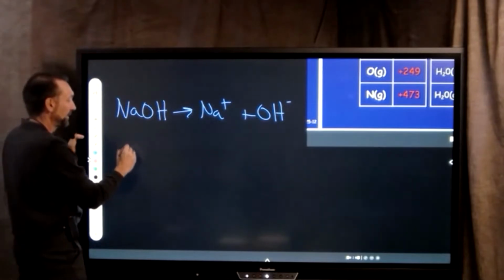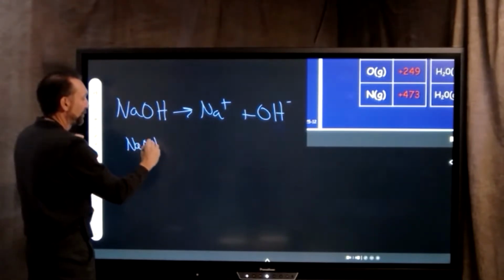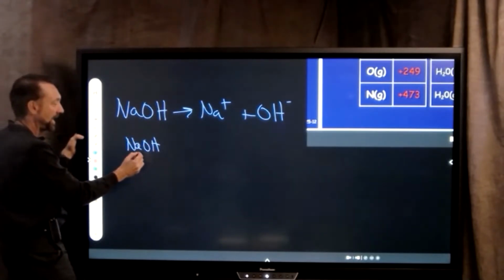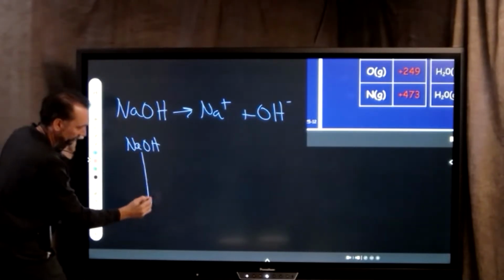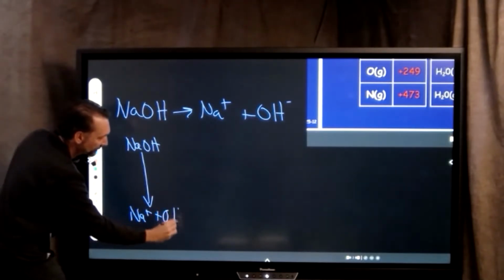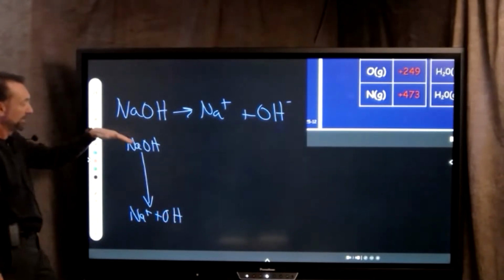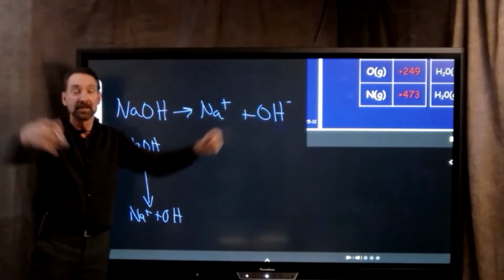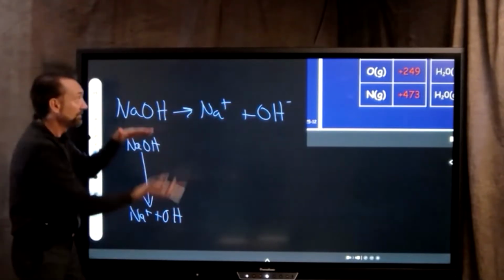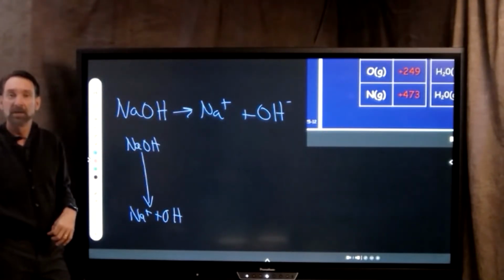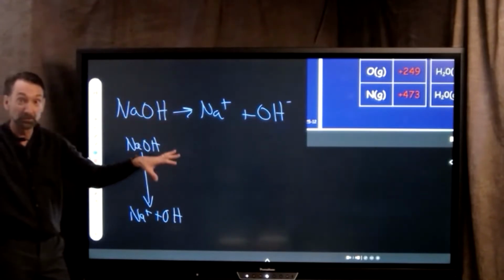So that means NaOH is in a sense higher energy than the Na plus OH minus ions. It dropped in energy. It gave that energy out to the surroundings. Surroundings was mostly the water. So the system was the sodium and hydroxide ions. The surroundings was the water.